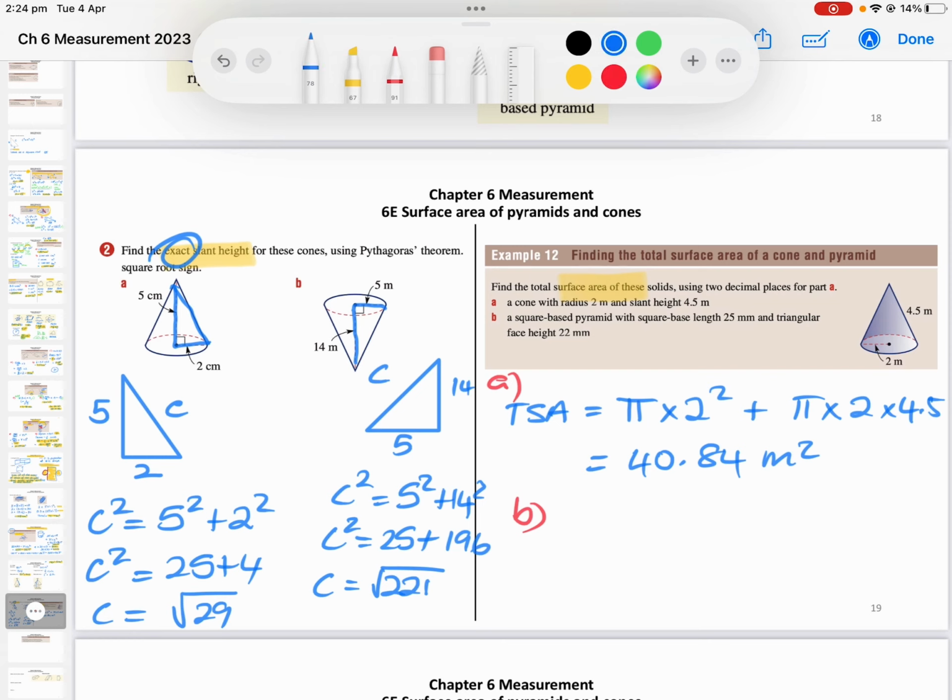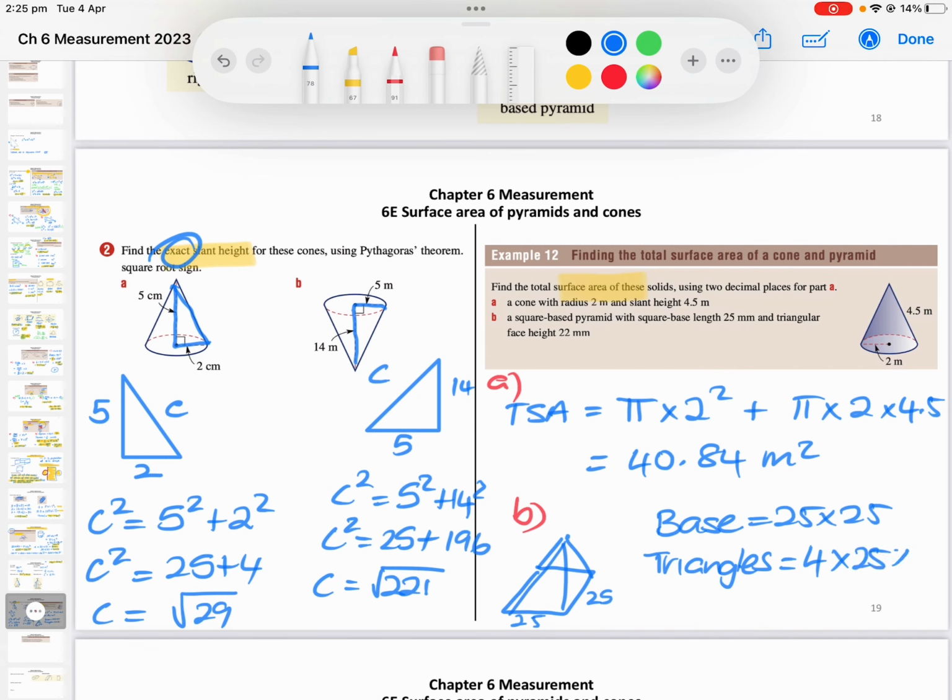And for B, we've got a square-based pyramid. So I'm going to draw this. It's got a base length 25. So I've got my base is 25 times 25. And I've got 4 triangles. And they are 4 times half the base times whatever the face height is, which is 22.